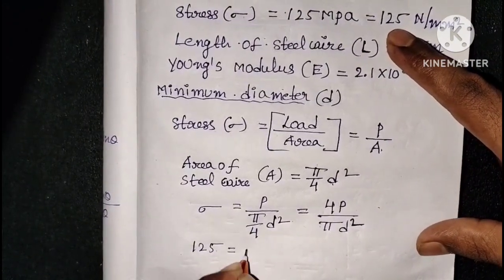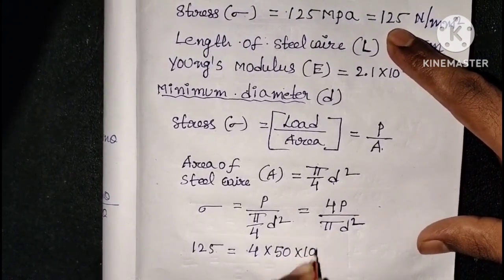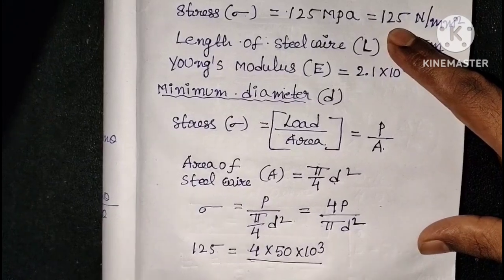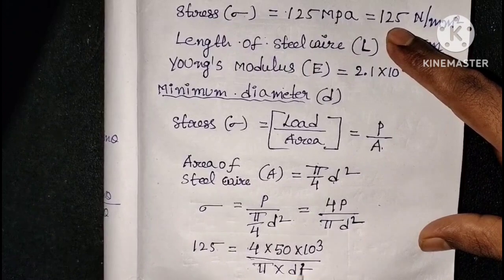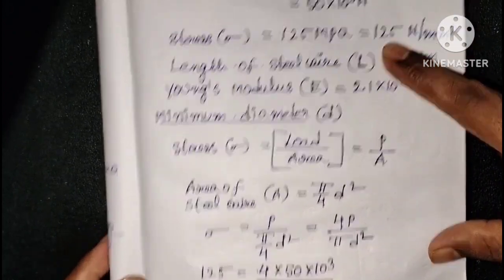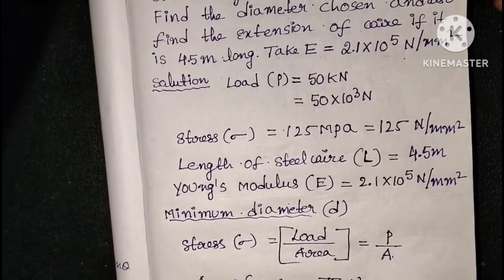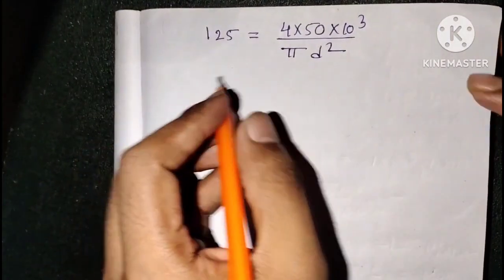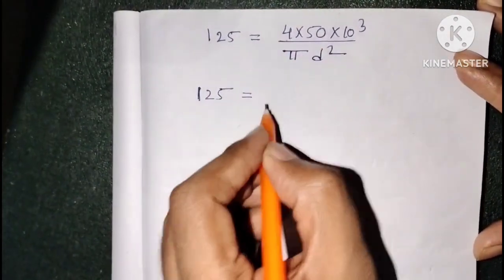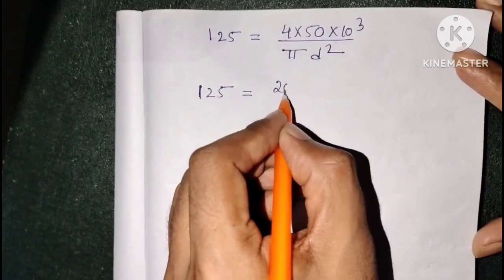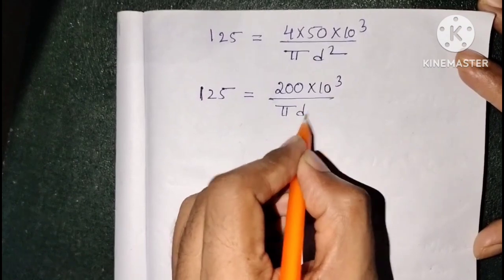So 125 is equal to 4 into load, so load 50 into 10 cube newtons, by pi into d square. Let us simplify further. Now 125 is equal to 4 into 50 is 200 into 10 cube by pi d square.